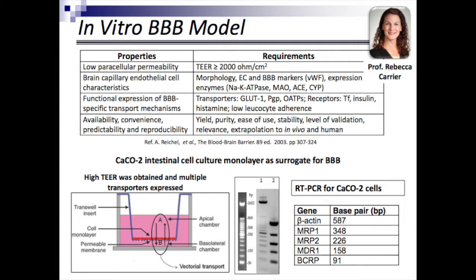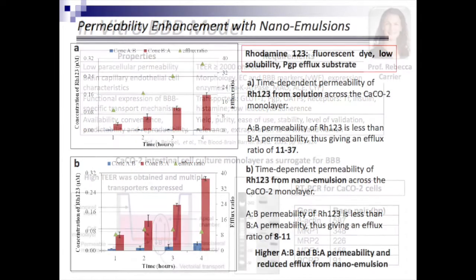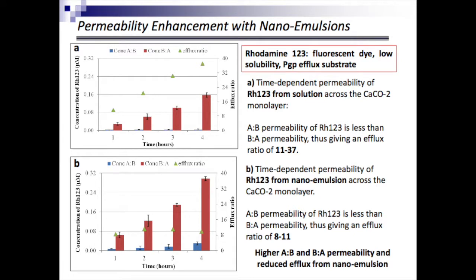For these studies, we use a model system. We use rhodamine 123, which is a fluorescent dye, but it's also well known to be a transport substrate for P-glycoprotein, which is a protein expressed by the MDR1 gene. In the next slide, you see the permeability changes that occur when you put rhodamine 123 in aqueous solution or in our nano-emulsion.